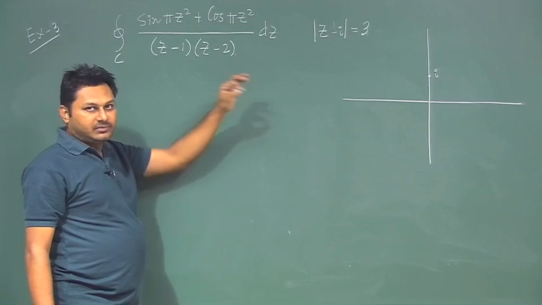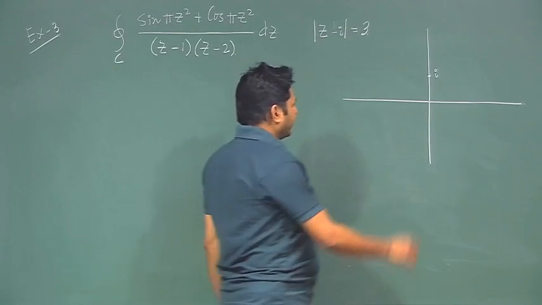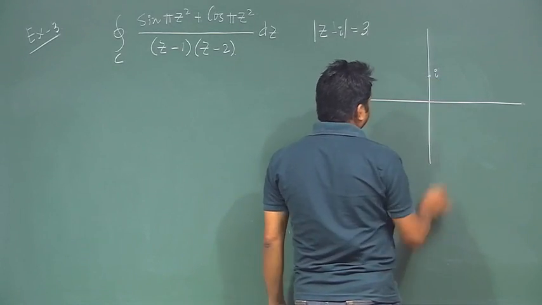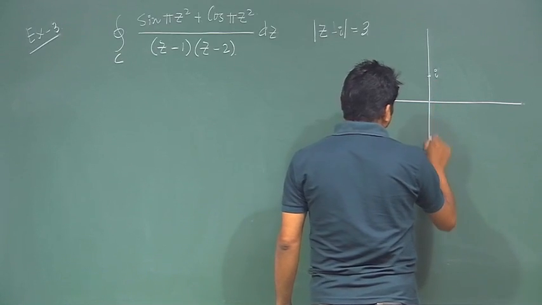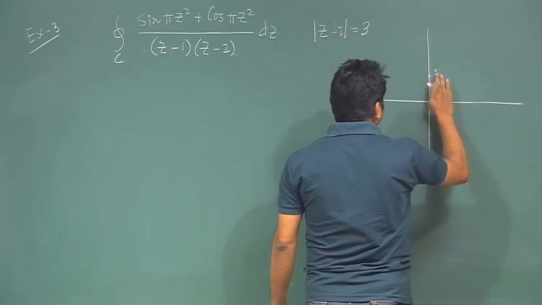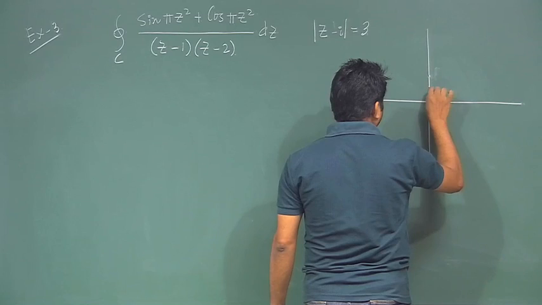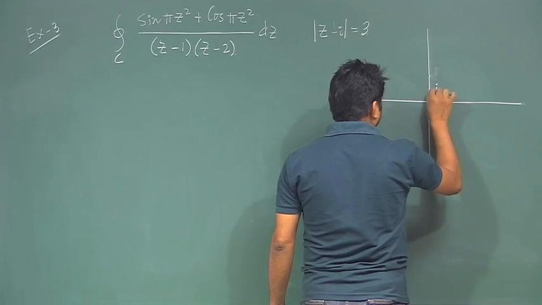That is the first thing you need to find out for every problem. So, this is my center. So, this is I, 2I, 3I. So, okay, let me put this I here. This is my I.